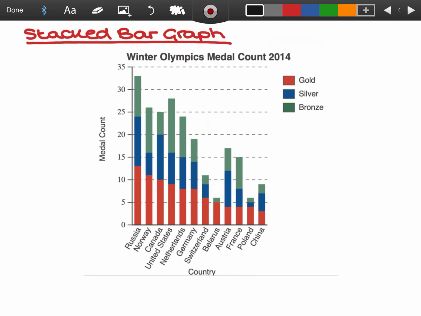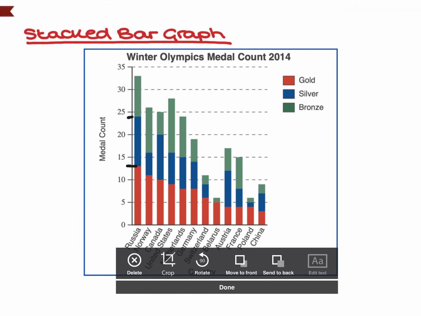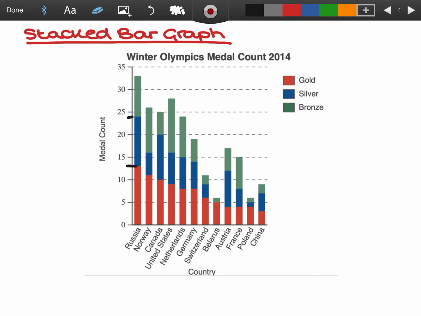Whenever you read one of these, you've got to do a bit of subtraction. So for example, for Russia, it looks like about 13 gold medals were won. Then, if I come to here, I'm at 24 at this point. So the number of silver medals won would be 24 minus 13, which is 11.